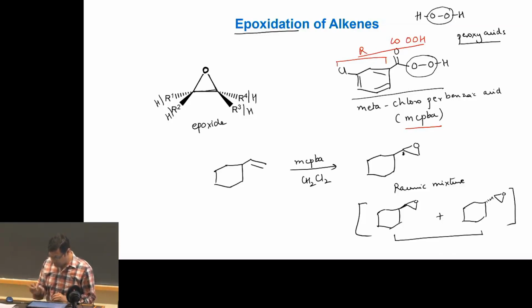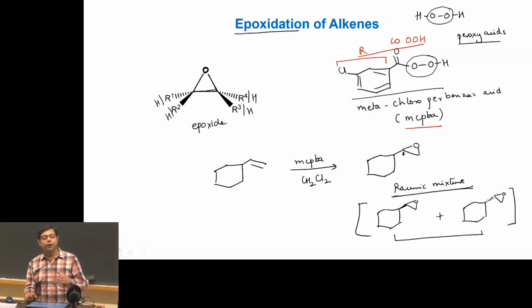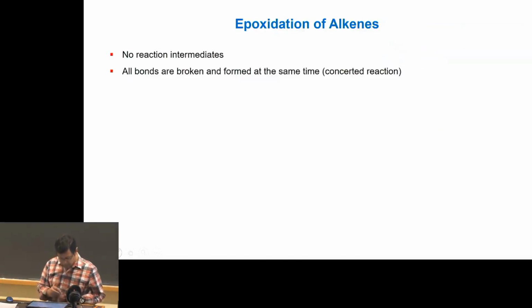So you will get both of these with equal probability, 50-50. So you will get a racemic mixture. All right. So let's now look at the mechanism for this reaction.